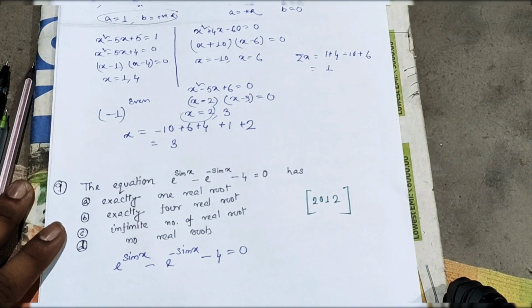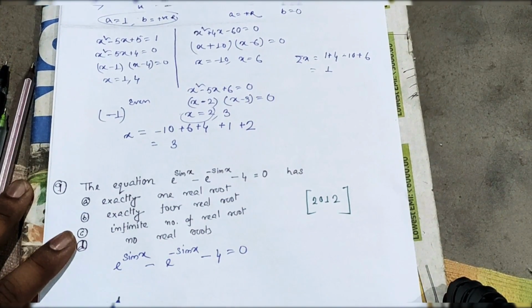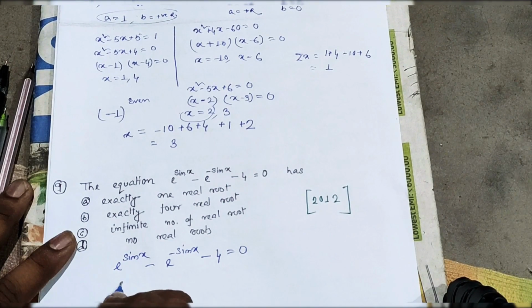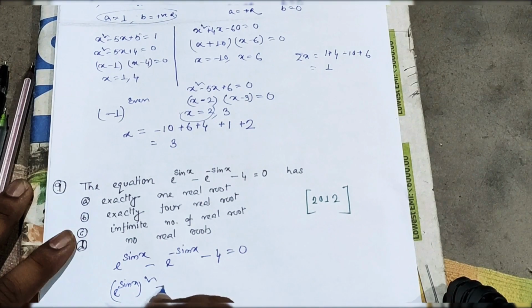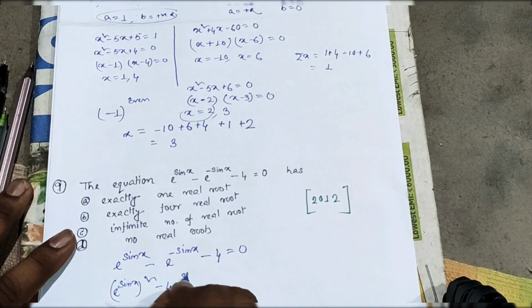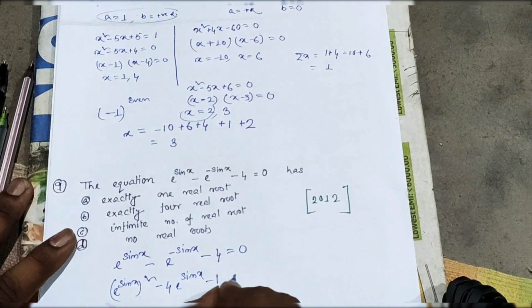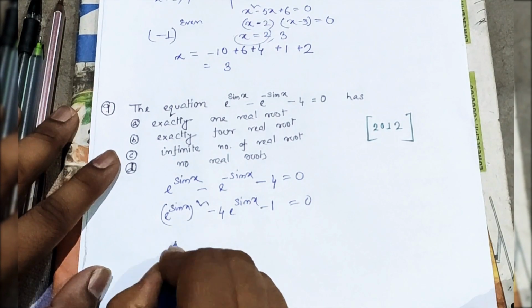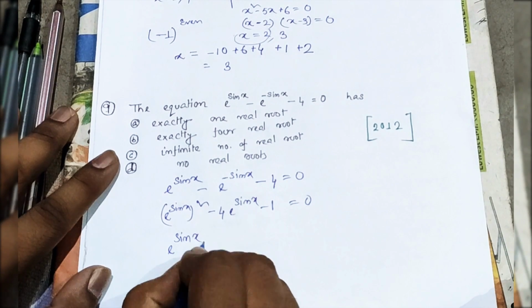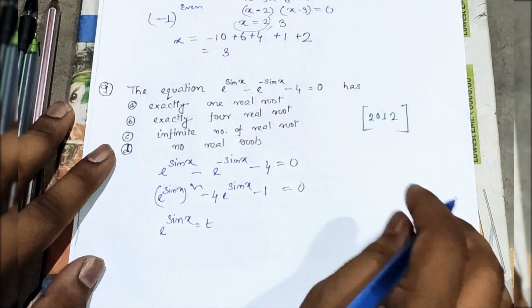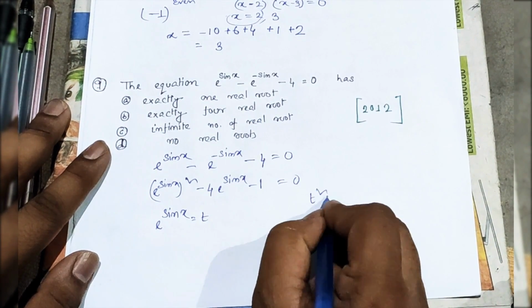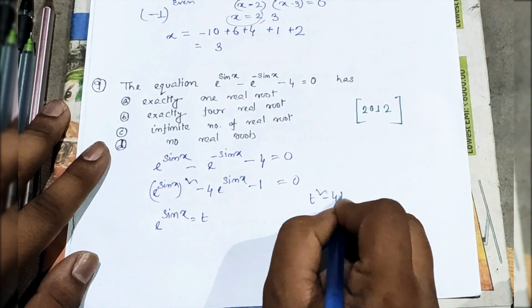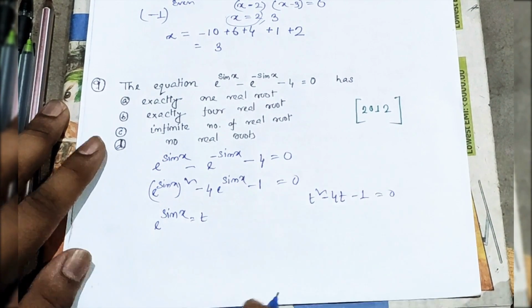So if I multiply it by e raised to the power sin x, I will get (e raised to the power sin x) whole square minus 4 e raised to the power sin x minus 1 equals to 0. If I assume e raised to the power sin x to be equals to t, so this will convert into t square minus 4t minus 1 equals to 0.